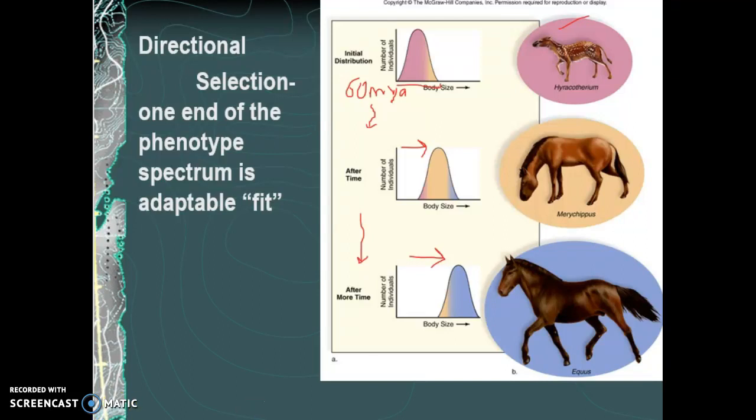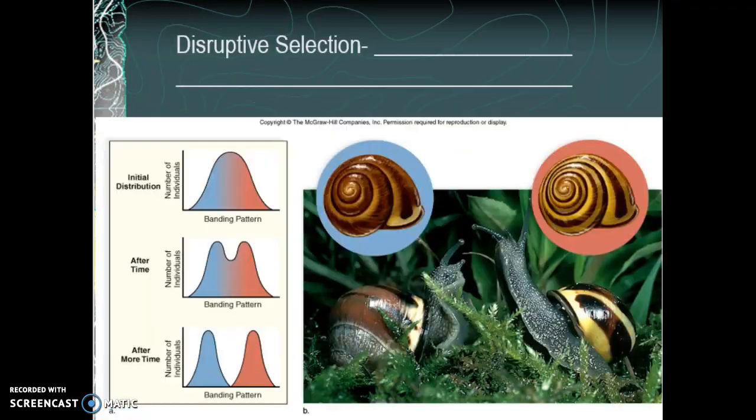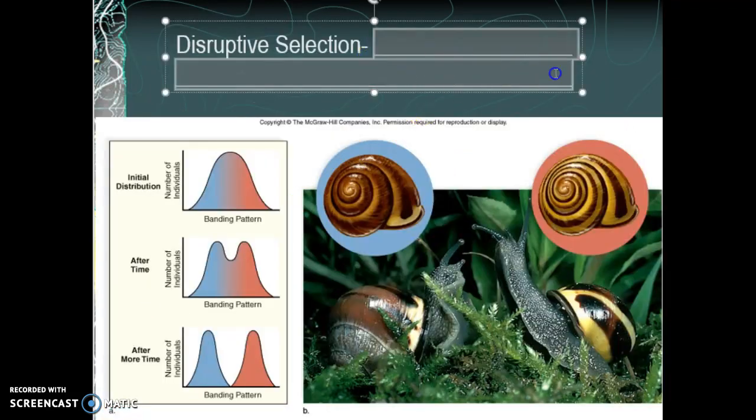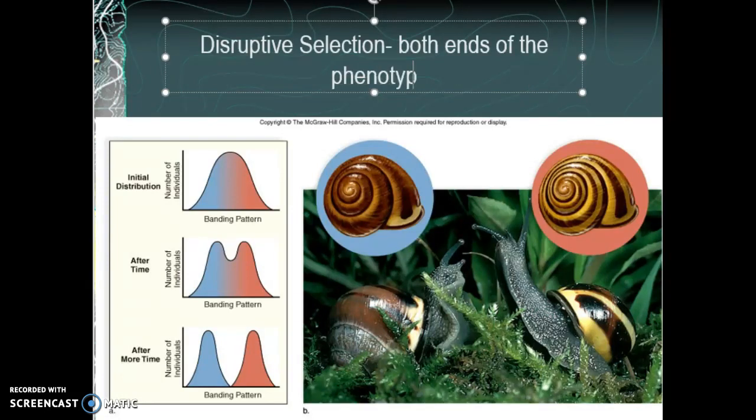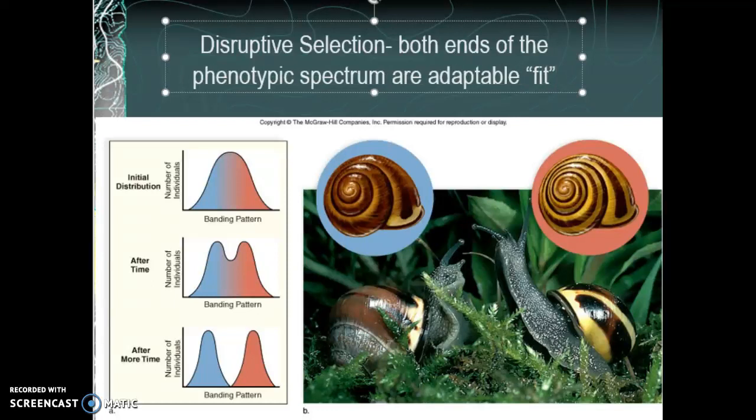So stabilizing is your average, directional is your either end, and the last one is disruptive. Disruptive is when both ends of the phenotypic spectrum are considered fit.